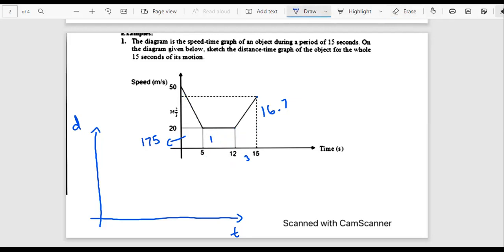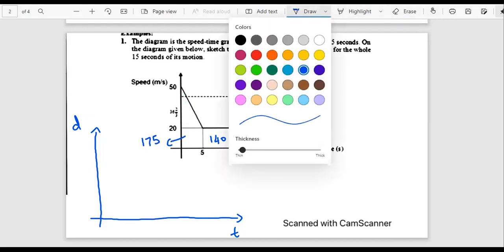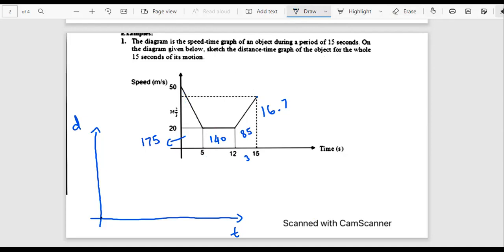And then this was 85. At time equals 0, the distance traveled was 0, right? So this is going to be the first dot.